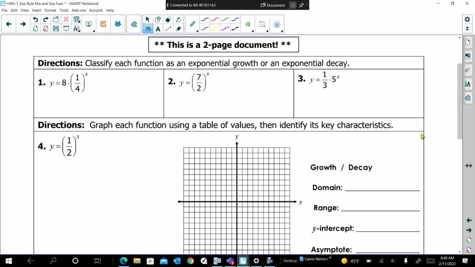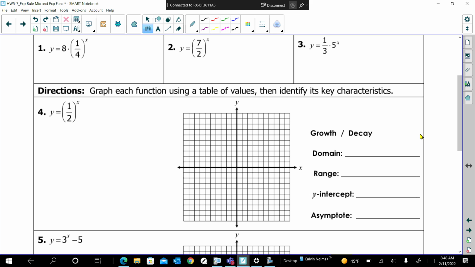But for your graphing and identifying the key facts, you need to make sure you do a table with x and y values, always using -2 to +2. Okay? That's how you're going to be able to graph it.